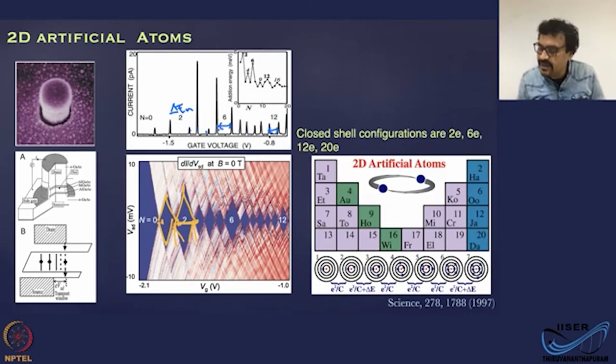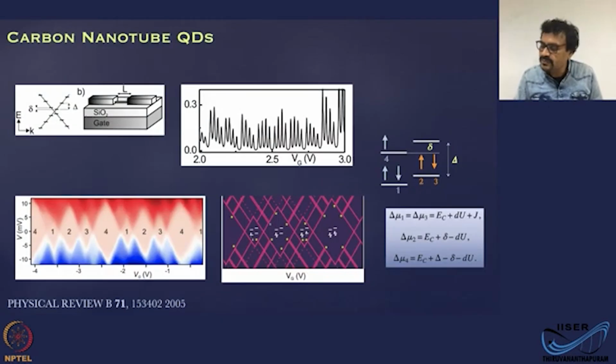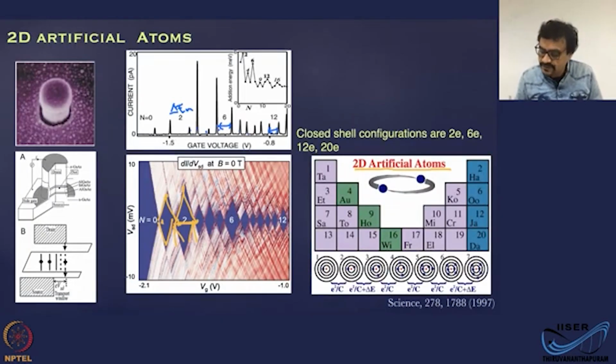So this is a periodic table for the artificial atoms. And as you can see, the closed shell configurations are 2, then 6, then 12, then 20. Those are the closed shell configurations as we just discussed.